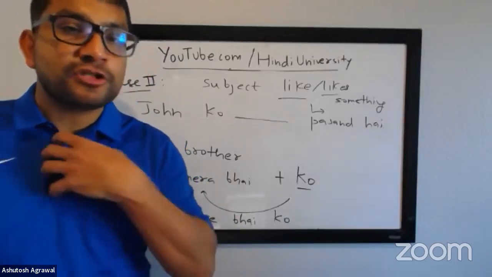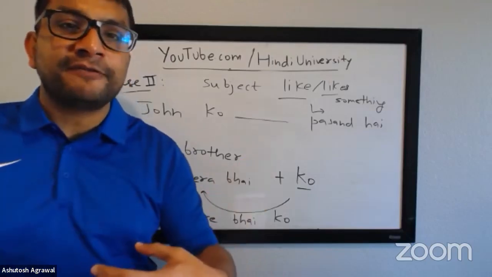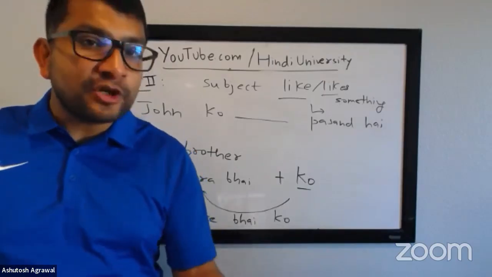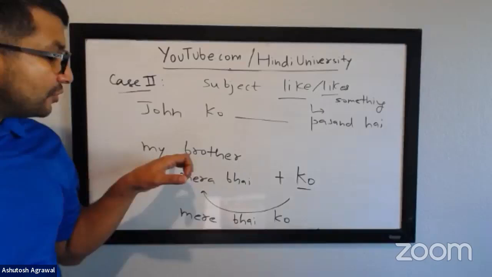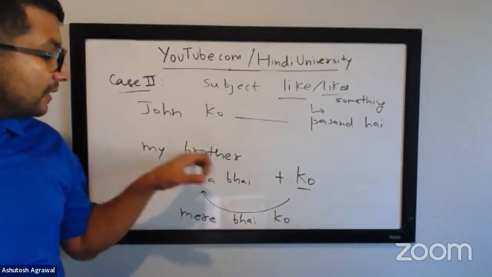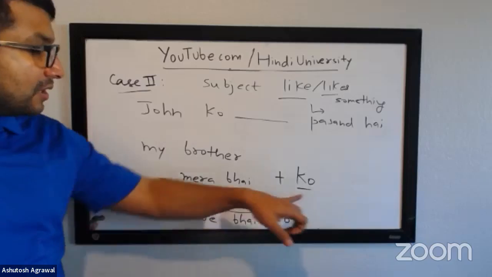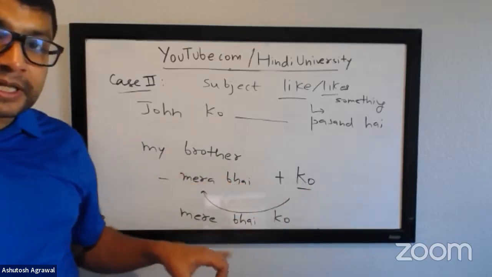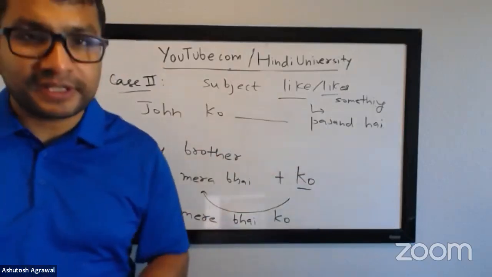Just like John: John is replaced by my friend, but John is still marked with ko, and similarly your friend will be marked with ko. So instead of my brother, मेरा भाई, you have my friend, मेरा दोस्त. When you put ko, मेरा becomes मेरे, and that's why you say मेरे दोस्त को, whatever they like.